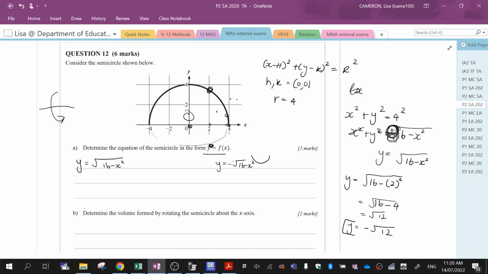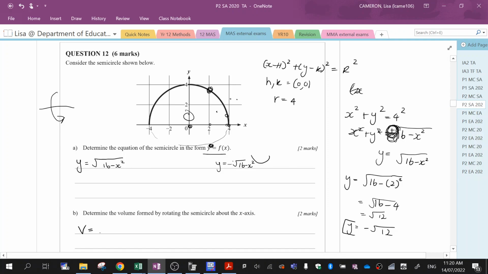That's methods. It's also methods. Okay, so I've got my formula booklet. I am now looking where it says something about volume of a solid of revolution. So if we're about the x-axis, this is the formula that we're given.